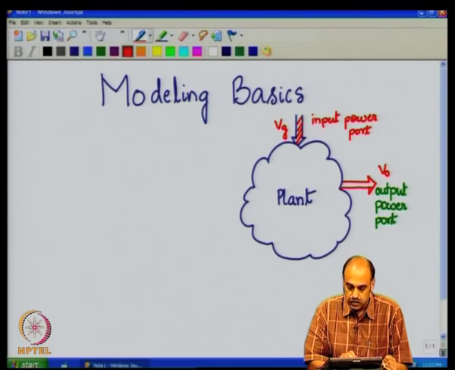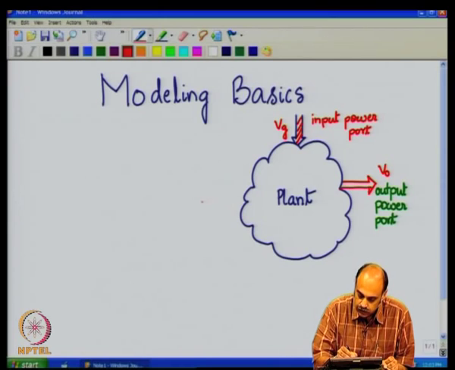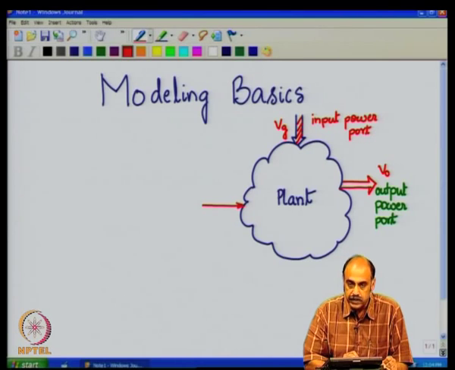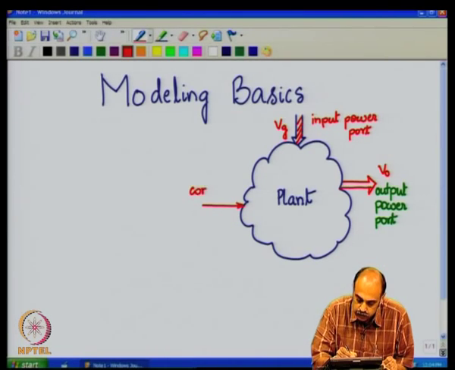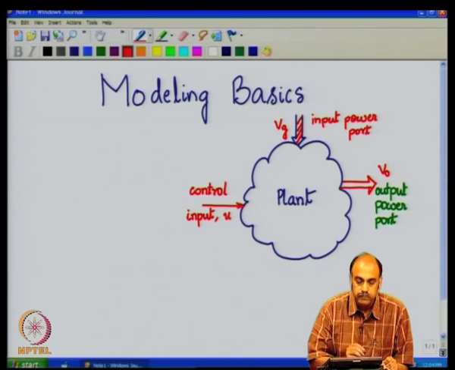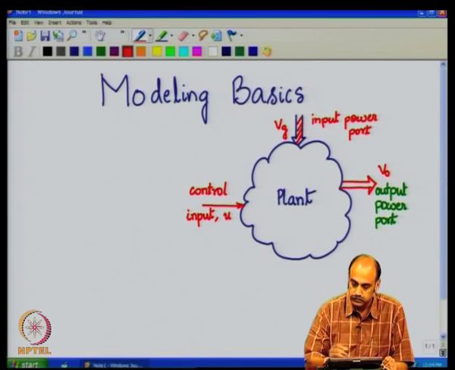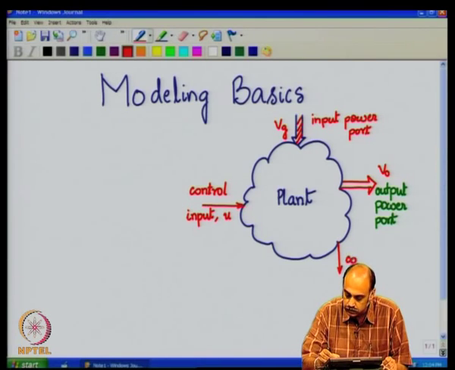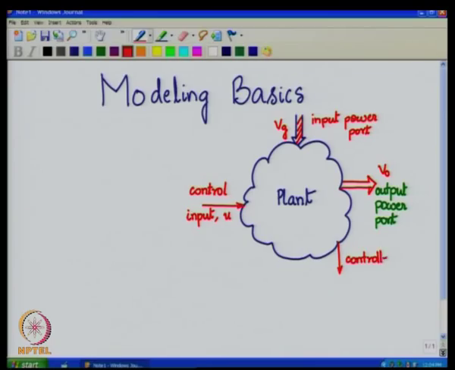Apart from this, there are two other ports, not power ports, but signal ports, which you would already be familiar with. One is called the control input, normally given a symbol U, and the sensed or controlled output. This controlled output has a symbol Y.